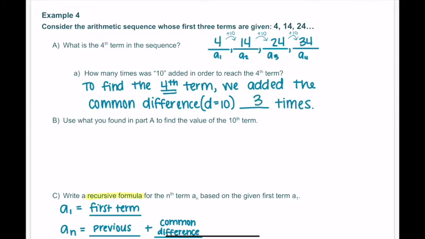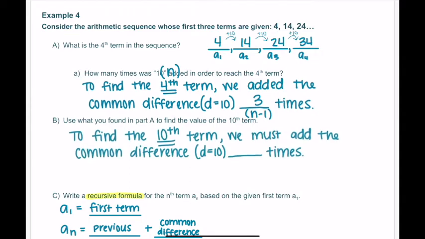So notice the relationship between the term we were looking for and how many times we added that common difference. If this were the nth term, this is n minus 1 times.